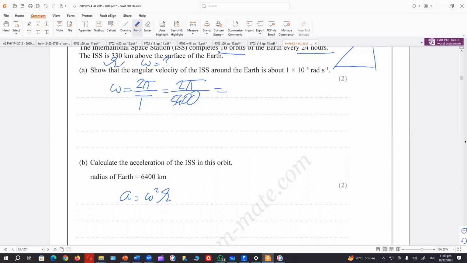Yes. R is 330 kilometers. You understood it, right? Let's move forward.